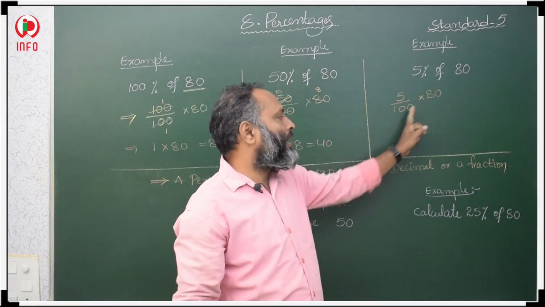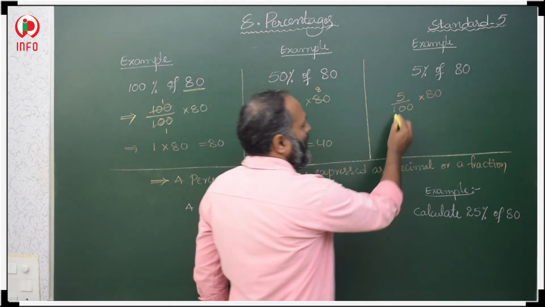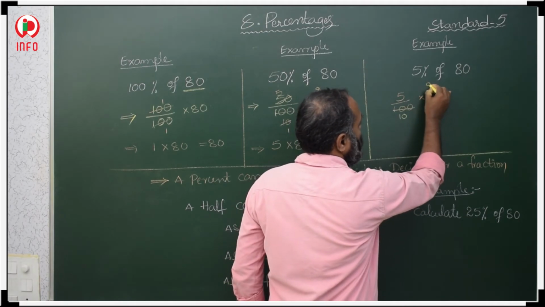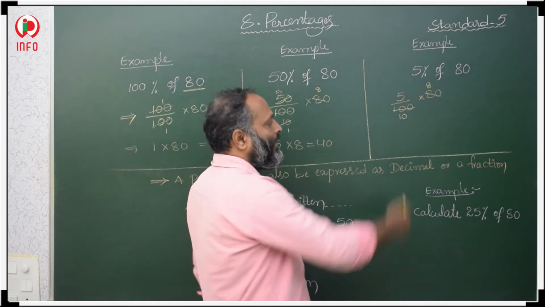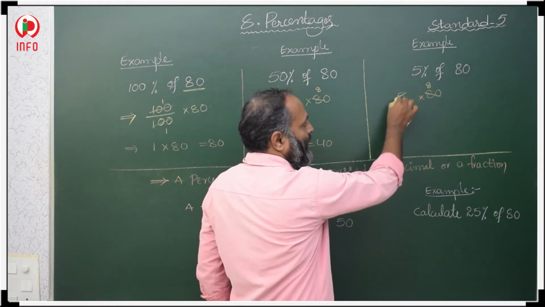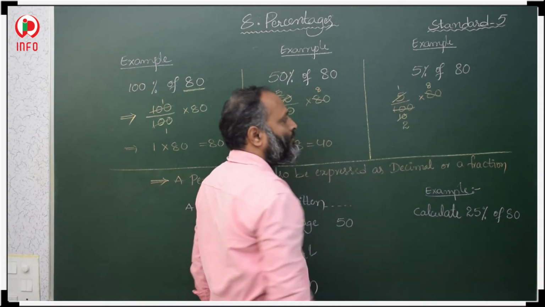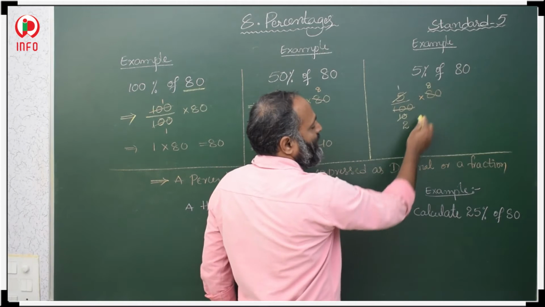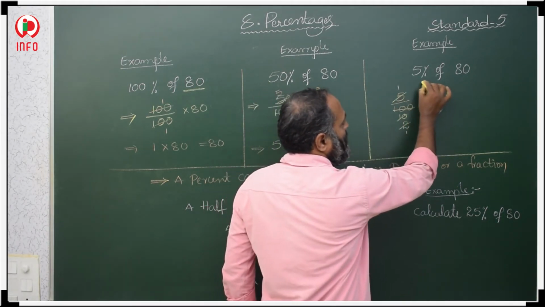These two we have to cancel with 10: 10 tens are 100, 10 eights are 80. Now we cancel these two: 5 ones are 5, 5 twos are 10. Then these two again we cancel with the 2 table: 2 ones are 2, 2 fours are 8.